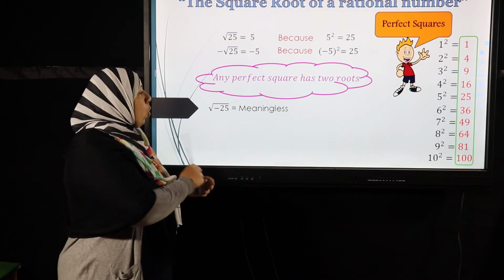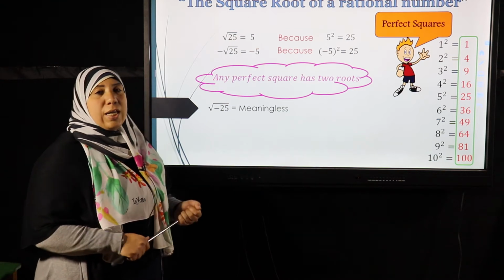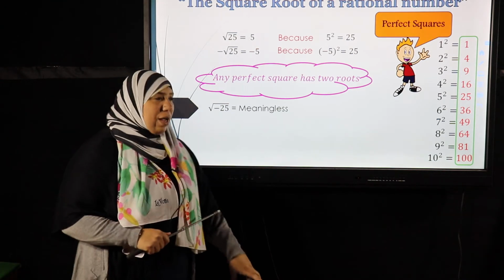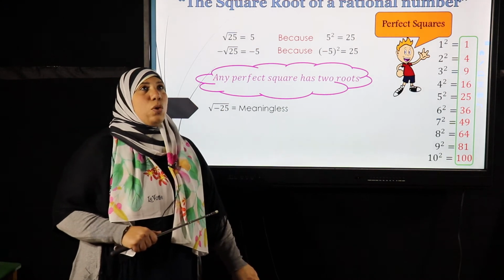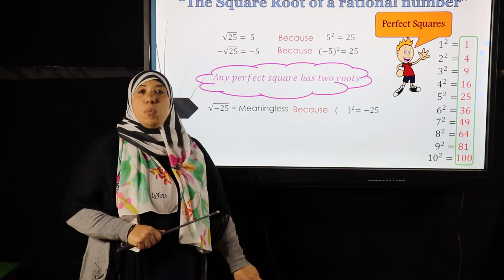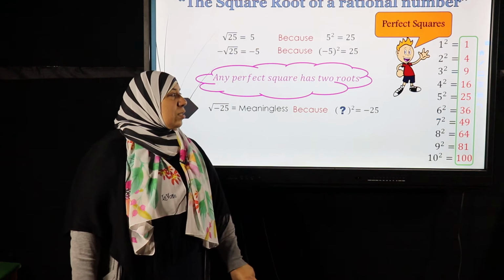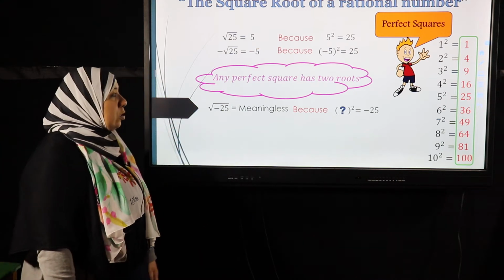So there is no square root of a negative number, because there is no negative perfect square. I can find a square root of a perfect square only, because there is no number whose power 2 will give you a negative, because power 2 will erase the negative sign.